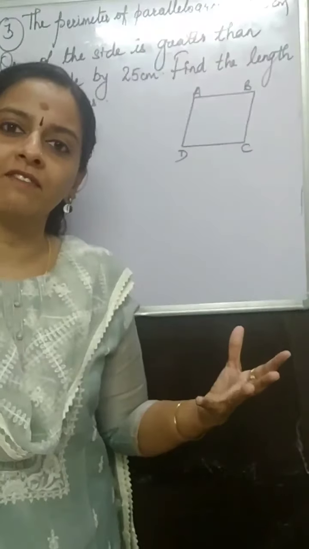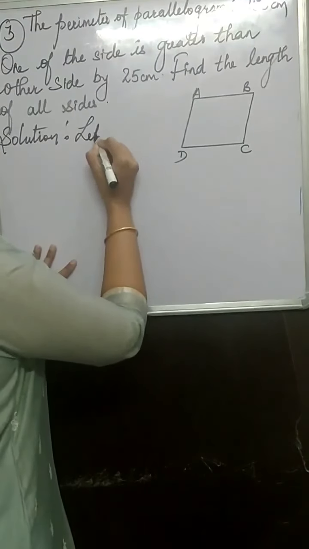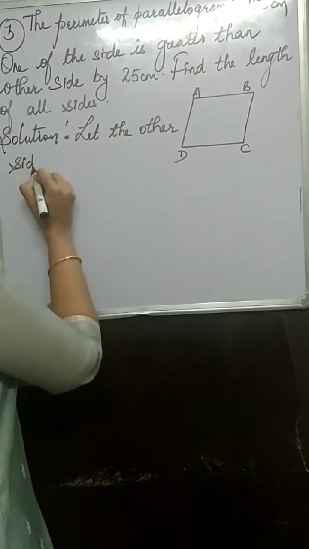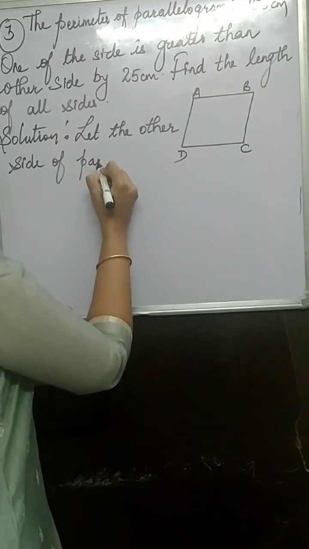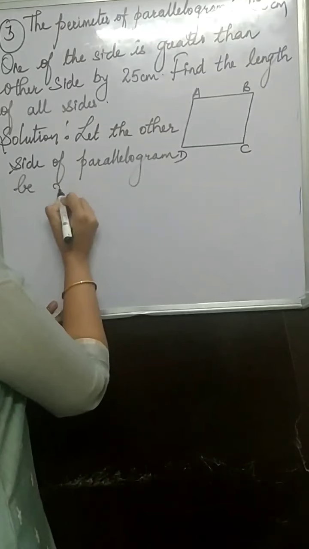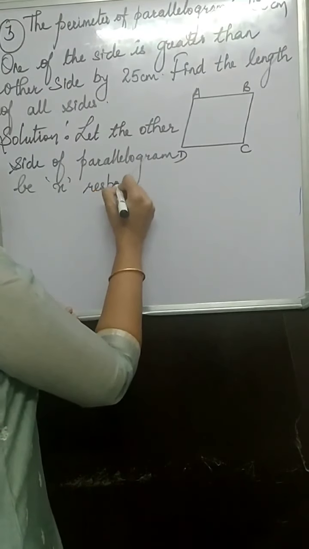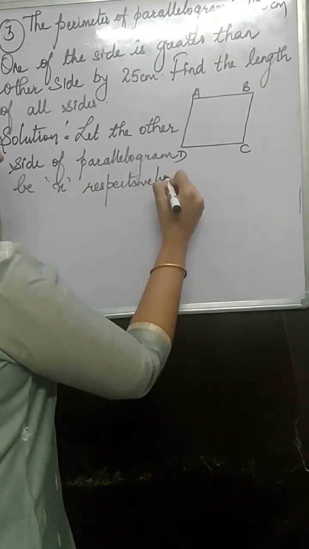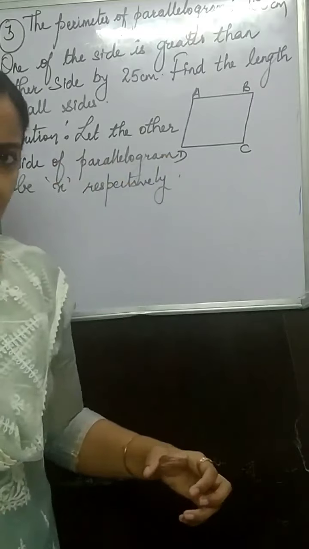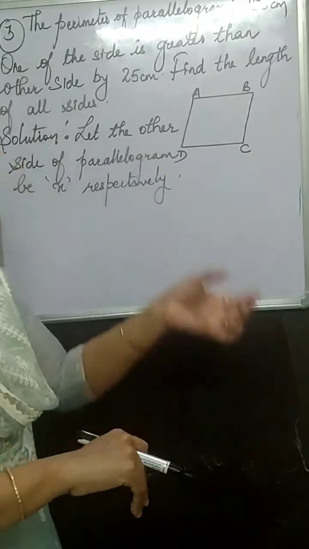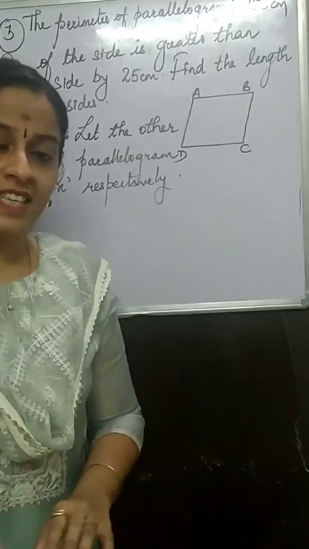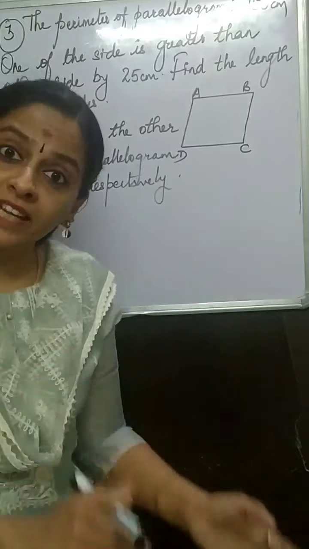Let the other side of the parallelogram be X respectively. So what can you say about the first side? One side is greater than the other side by 25 centimeter.